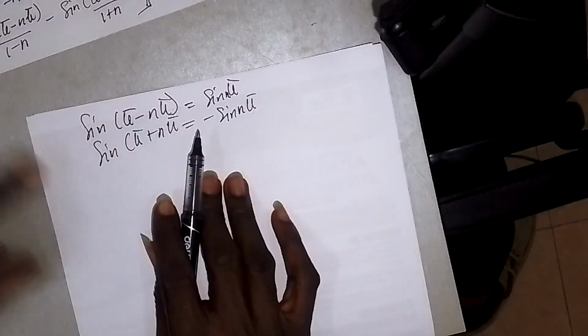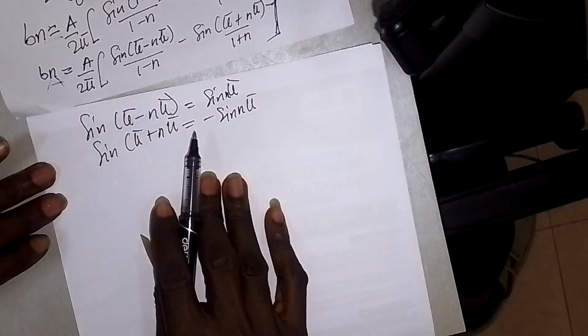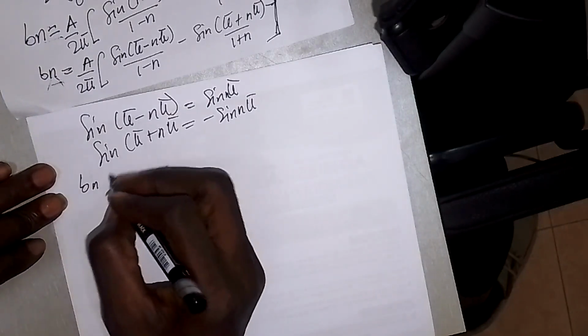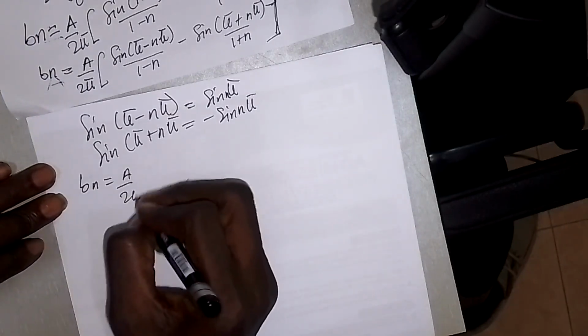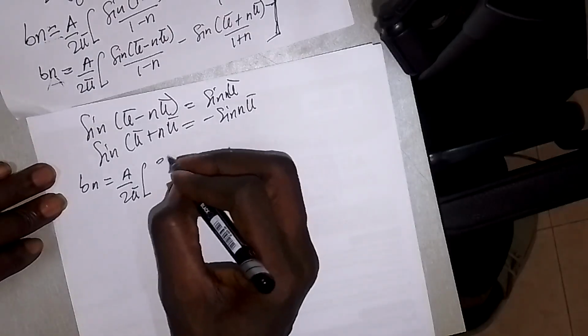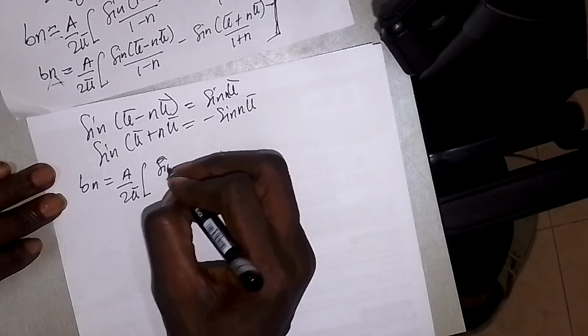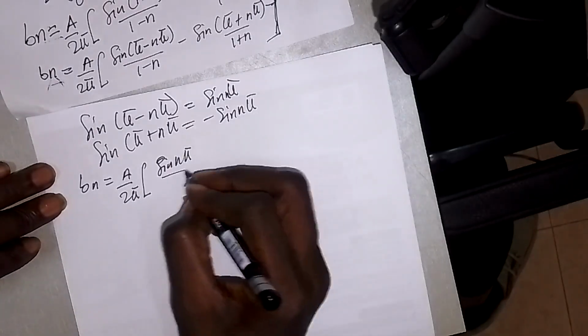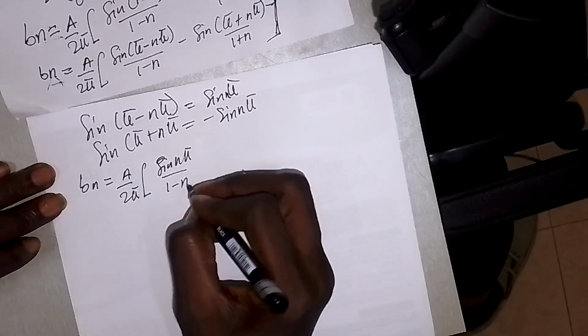So now, if I put in any other value like that, then I'm going to have Bn equals A over 2 pi into sine n pi over 1 minus n.